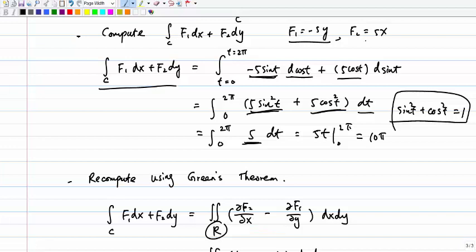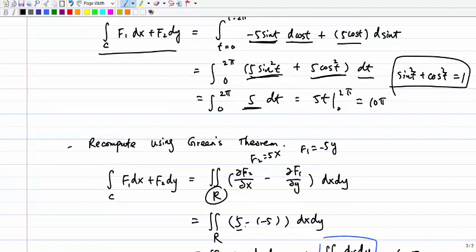So f2 is 5x and f1 is negative 5y. So partial f2 over partial x is 5, and partial f1 over partial y is negative 5.